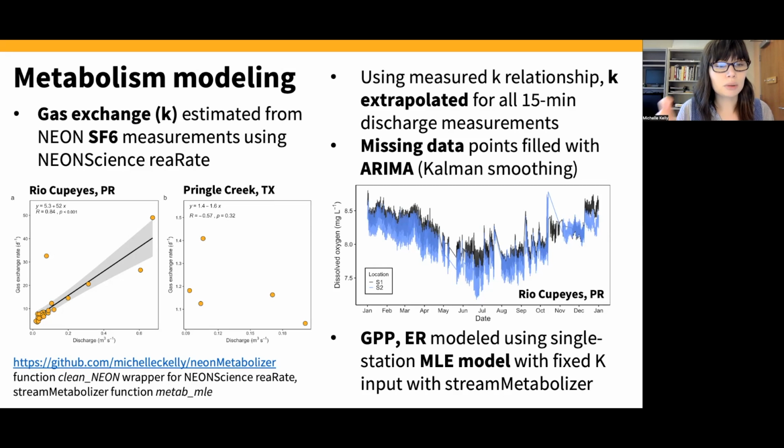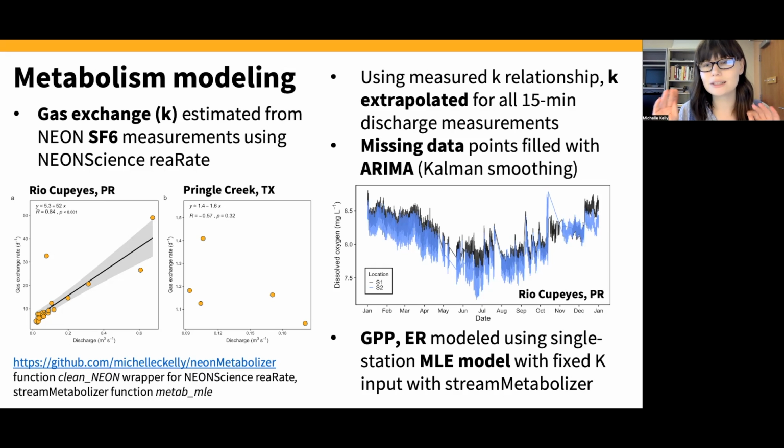So here are some plots of the measured discharge in each stream versus the measured gas exchange rate. The left-hand plot shows a very beautiful linear relationship between the discharge measurement and the gas exchange. So using that linear equation from this relationship, we're then able to extrapolate gas exchange at each discharge measurement for the full time series.